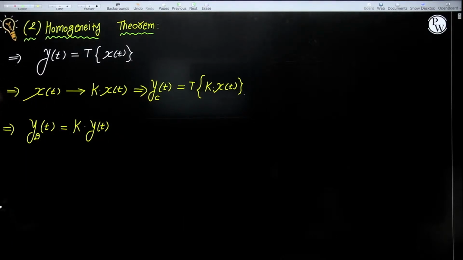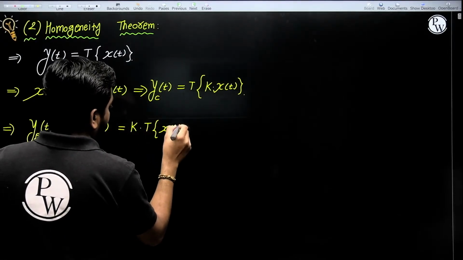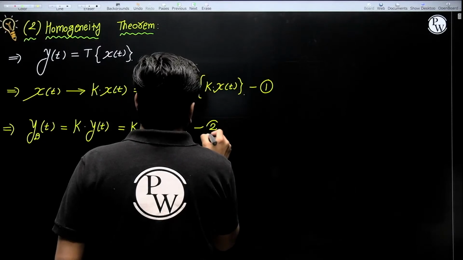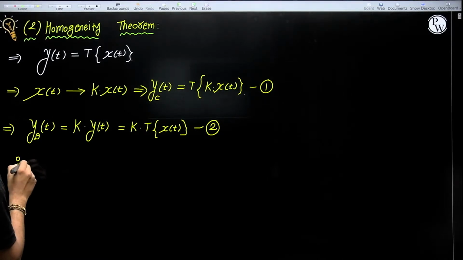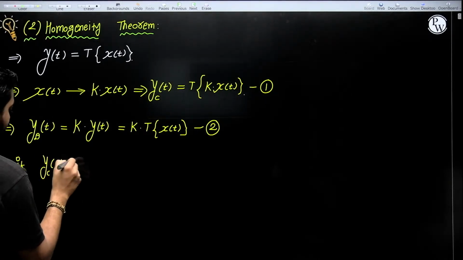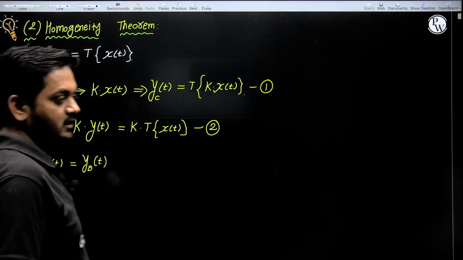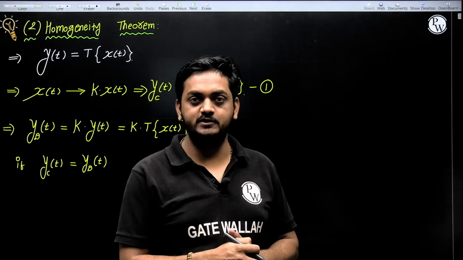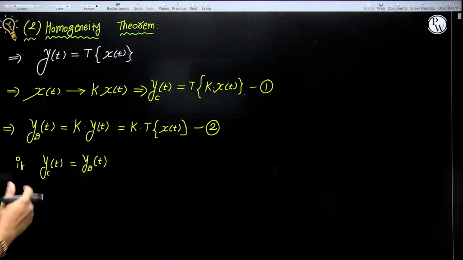This is the scaled output, named yd of t, equal to k times the transformation. Now if 1 equals 2, that is, if yc of t is equal to yd of t, then the given system satisfies the homogeneity theorem. And if any system satisfies both the homogeneity as well as the superposition theorem, then the given system is said to be a linear system.